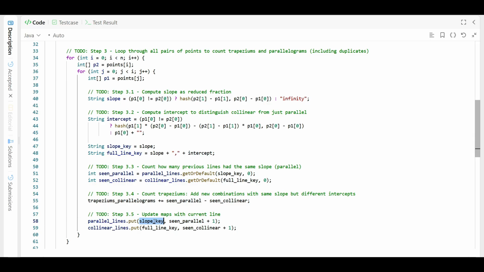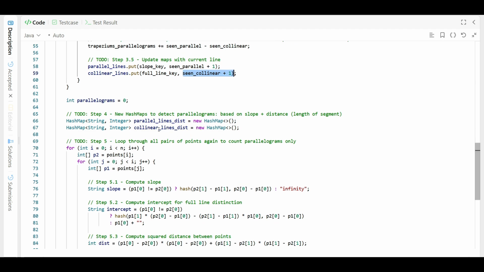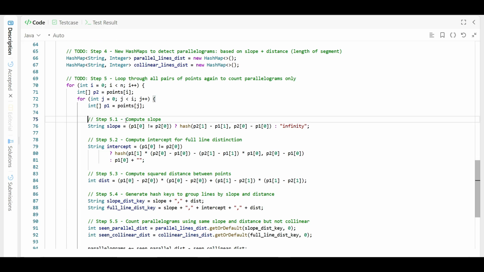So this is your current key, and you will keep increasing it with +1, so it increases the frequency of the key. And finally we will get the parallelogram. To get the parallelogram you will do almost the same thing. You will calculate the slope, you will get the intercept.